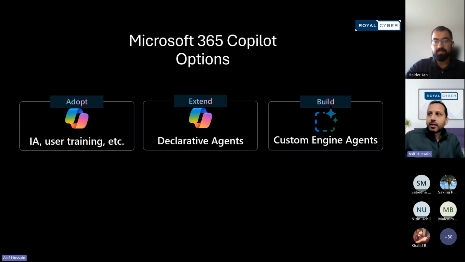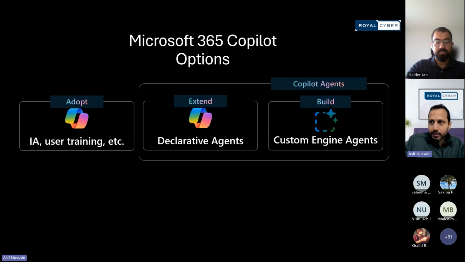And this is something very important, recently released by Microsoft: how you can create your copilots, extend them through declarative agents, or build custom copilots. And how they are different, we'll go into detail just in a while.